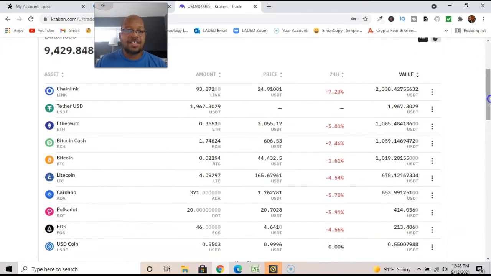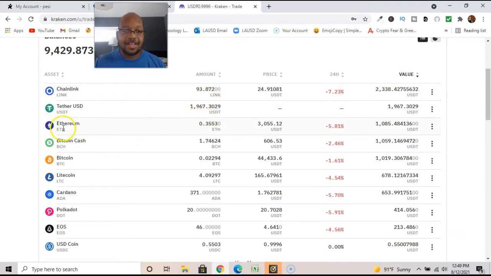Of course, your assets are what coins you have a position in at present time. Your amount is the volume, the amount of that coin that you own. So in this particular case with Chainlink, I own 93.872 links of Chainlink. That's the volume of what I own. Tether, I have 1,967.30 USDT.